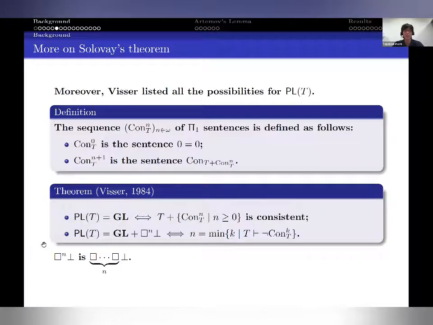Moreover, Visser listed all the possibilities for the propositional probability logic of T. I introduced the sequence conTn of pi1 sentences, which is defined as follows. conT0 is the sentence 0 equals 0, and conTn plus 1 is the sentence conT of conTn.